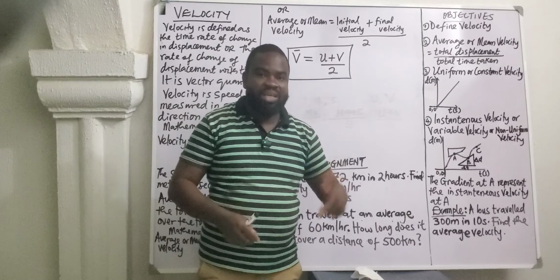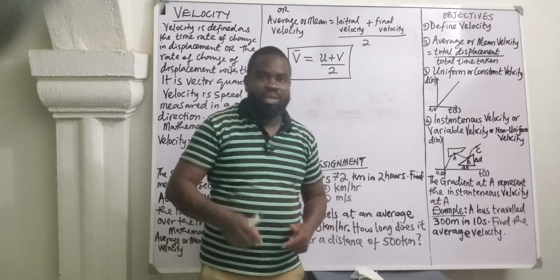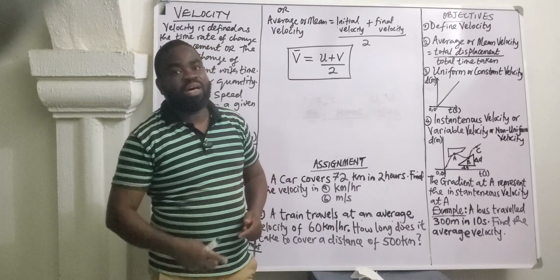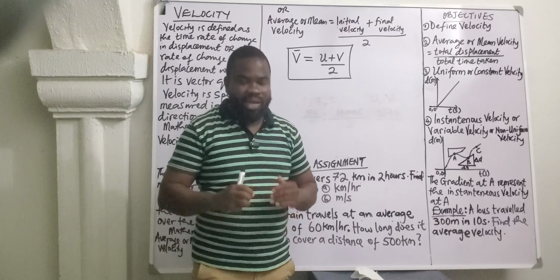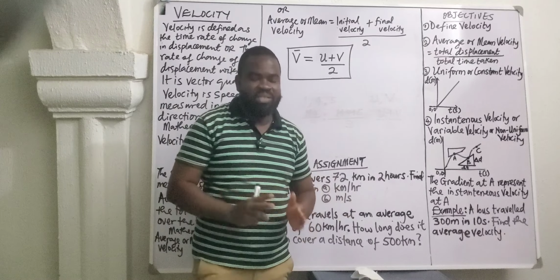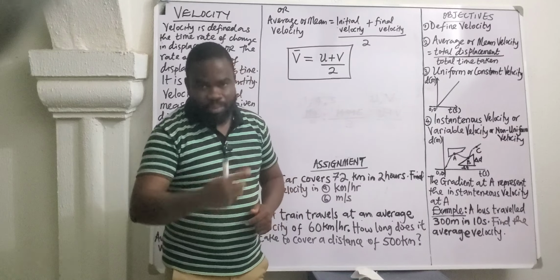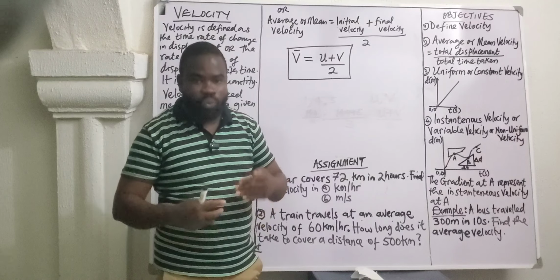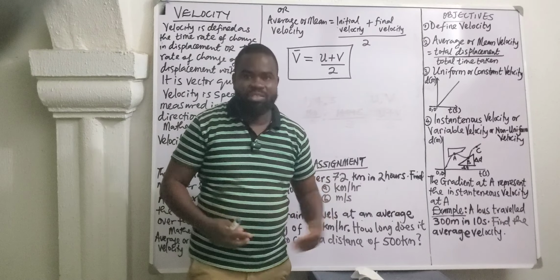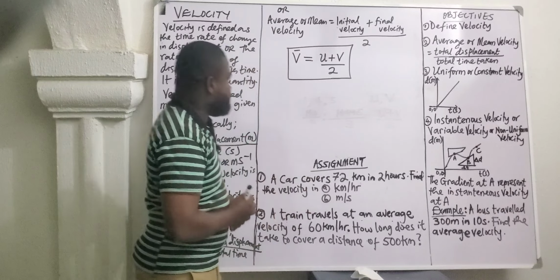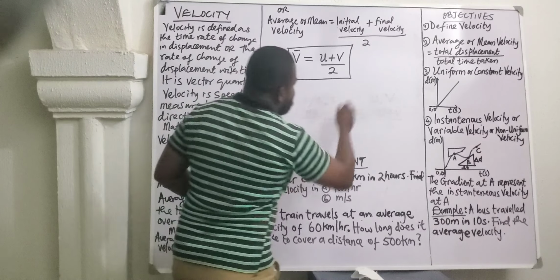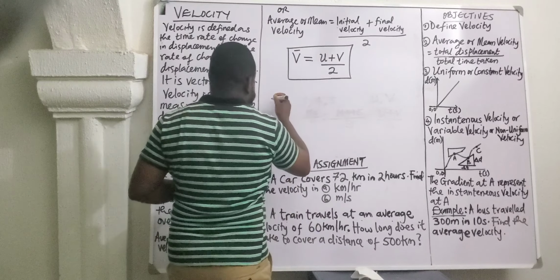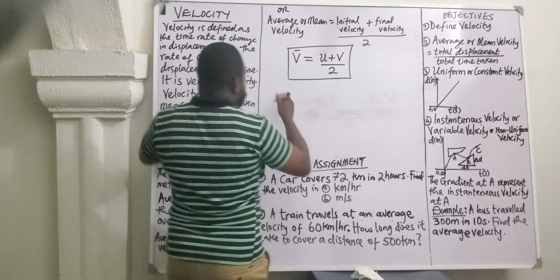Velocity is a vector quantity. Speed is a scalar quantity. Those are the technical differences between them. However, since they share the same SI unit, which is meter per second, we can use them interchangeably. I hope that point is established. Next, we'll talk about the uniform or constant velocity.